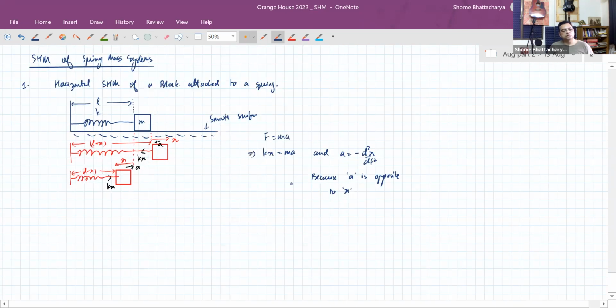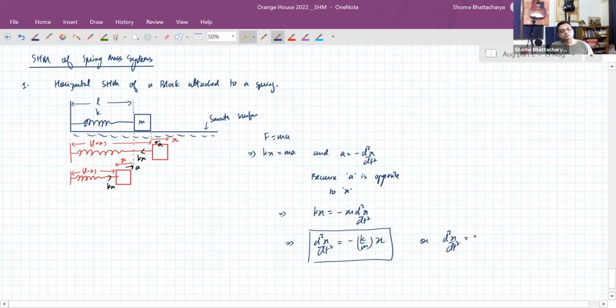Combining these two equations, you can see that we'll get the equation of SHM, where omega square is k by m, where k is the spring constant, m is the mass of the block.